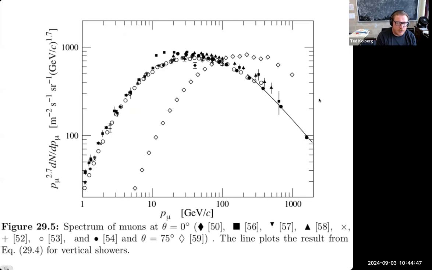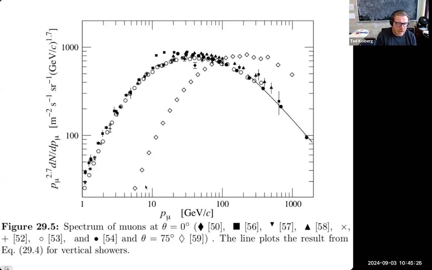Another interesting plot is here. So this is showing, it's kind of complicated. We have the momentum spectrum of the muons on the x-axis here, and then on the y-axis, we have essentially the momentum-weighted flux of muons reaching the surface.